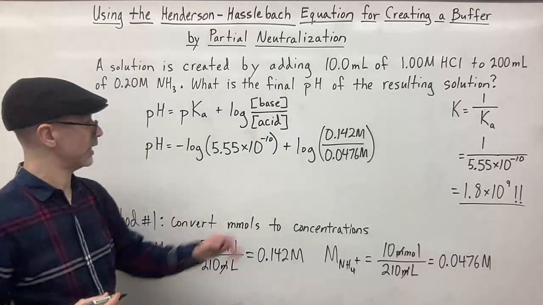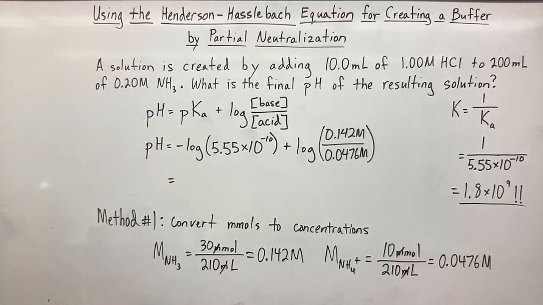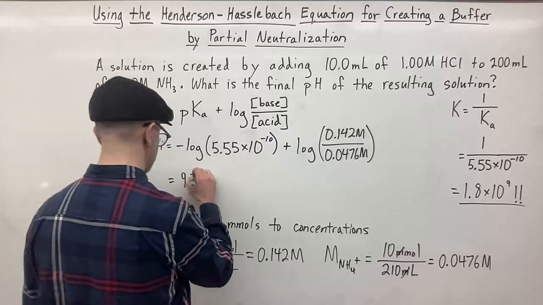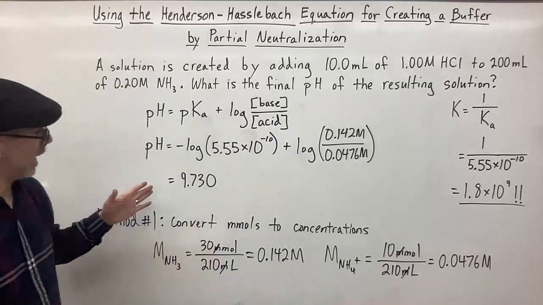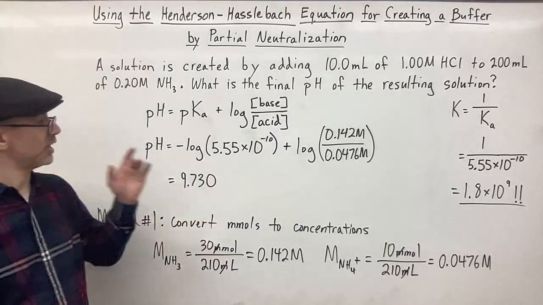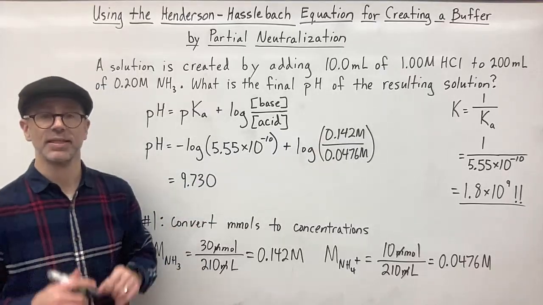And when you calculate this out, you get a pH of 9.730. And so that would be the pH according to this method, using the calculated concentrations after we mixed everything together.